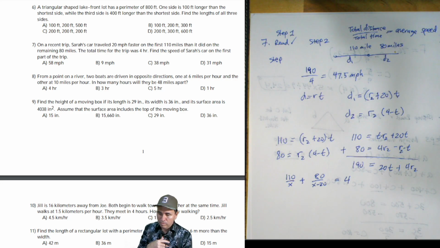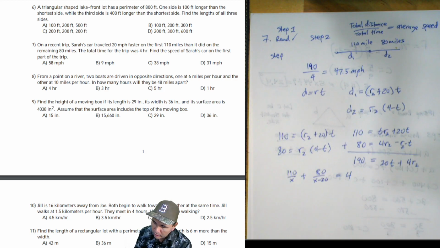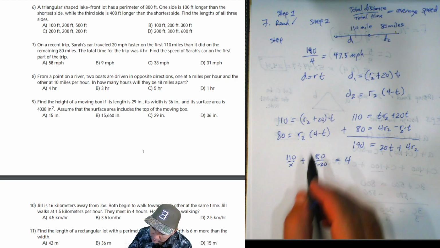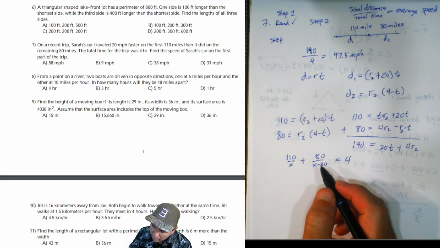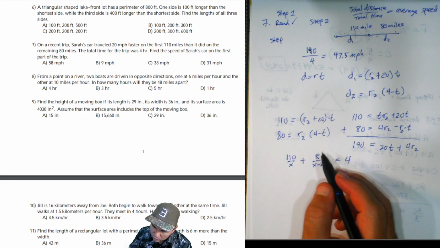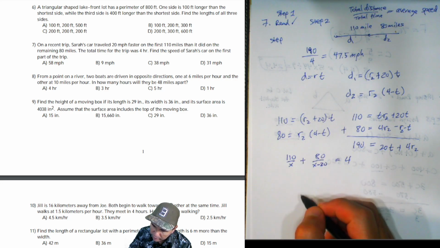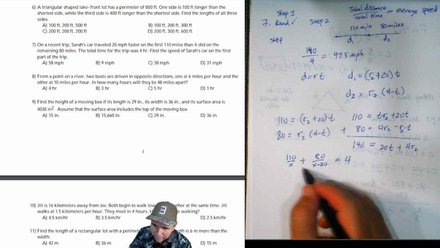Okay, so this kind of seems like a lot of work, but what you can do to figure this out is get a common denominator, right? So notice how we have x minus 20 here, and we only have x here. So I can't really add them.